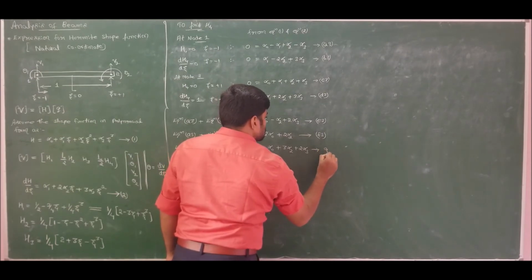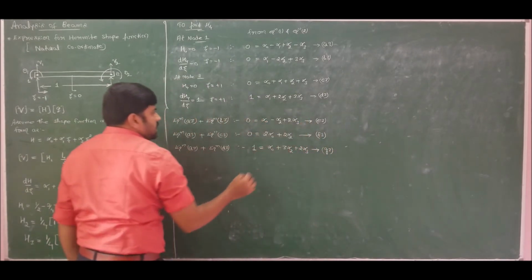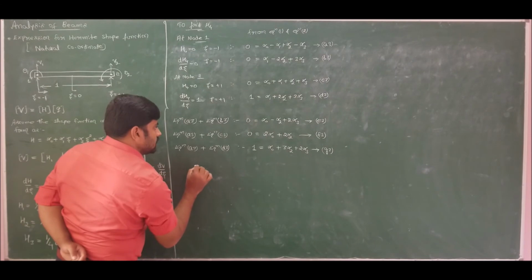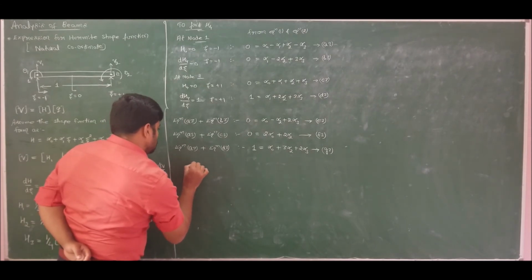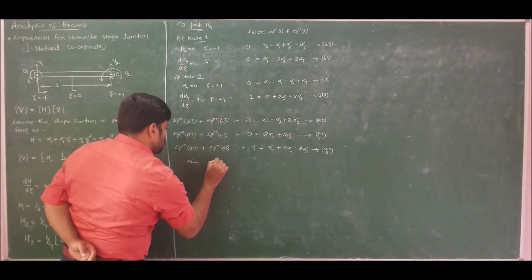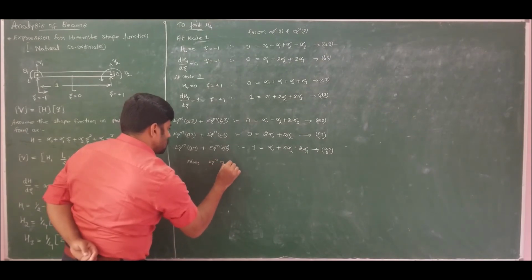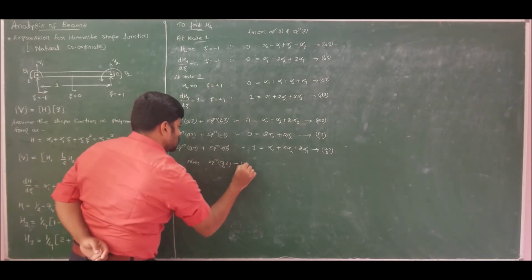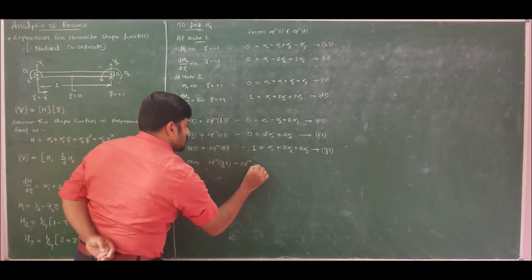Take it as G3. Now solve G3 and E3, you will get the answer. Now equation G3 minus equation E3.